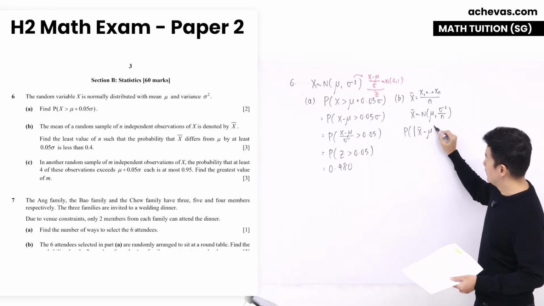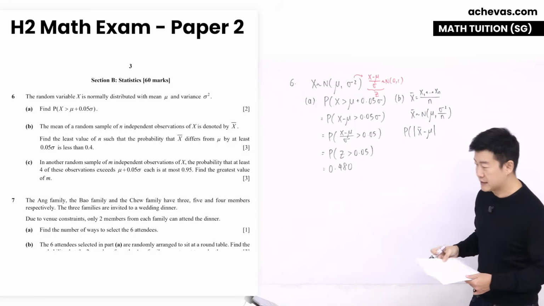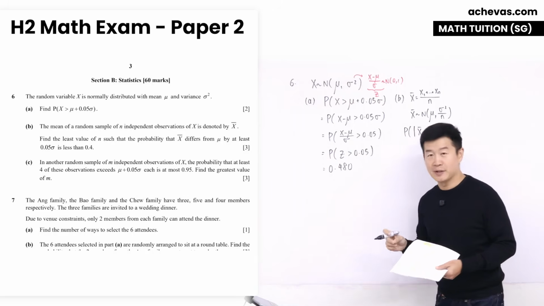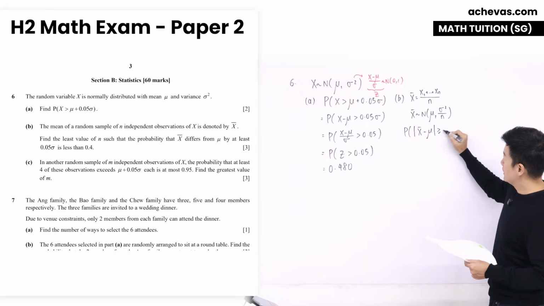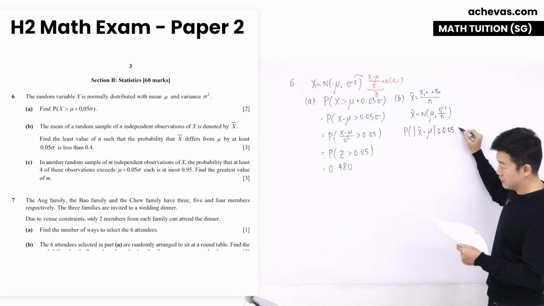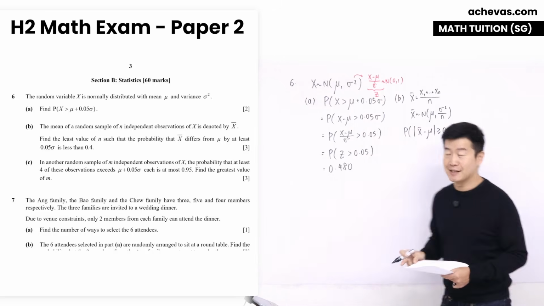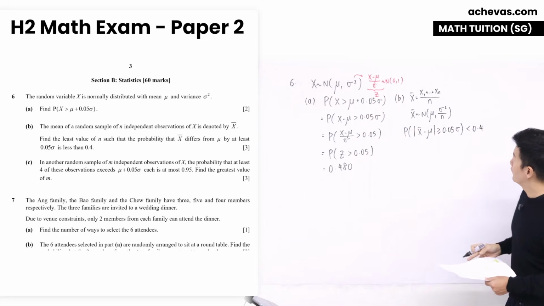So we're going to add a modulus to this to interpret what the question is saying. And this differs by at least 0.05 sigma. So this is going to be at least 0.05 sigma, and this probability is less than 0.4. So here, less than 0.4.